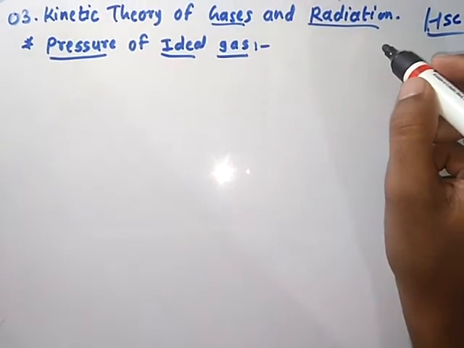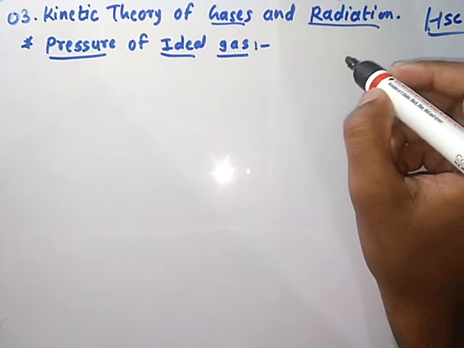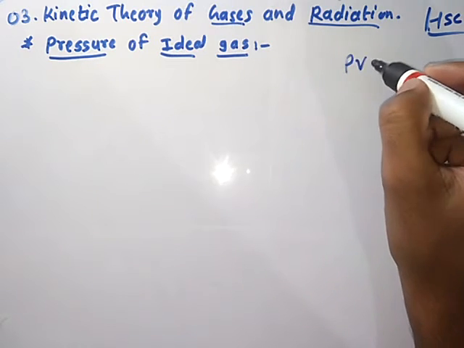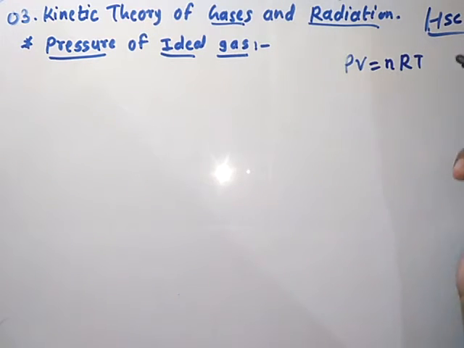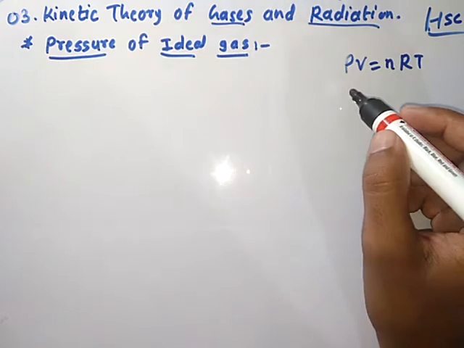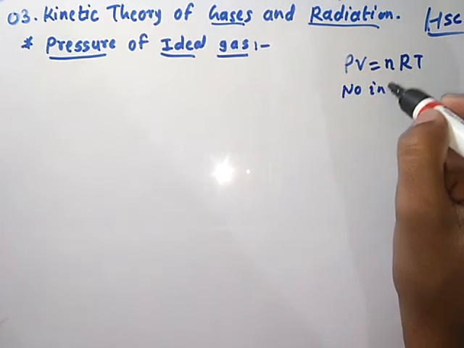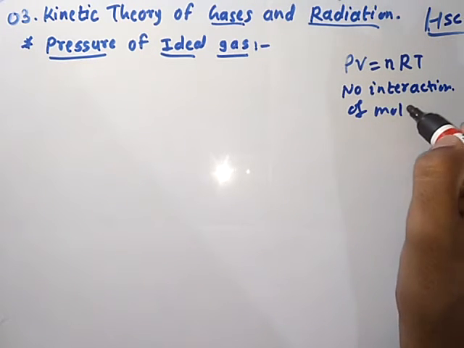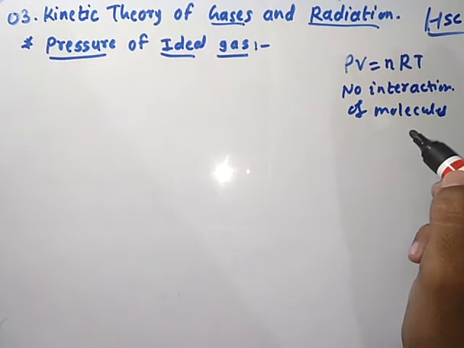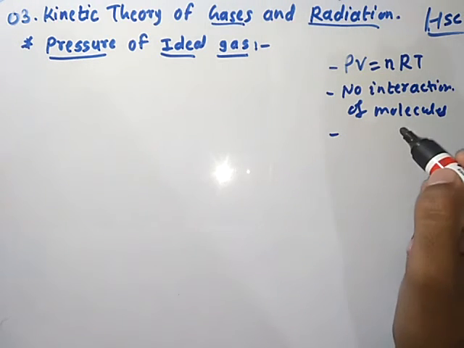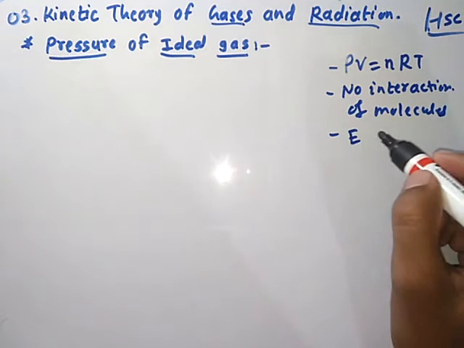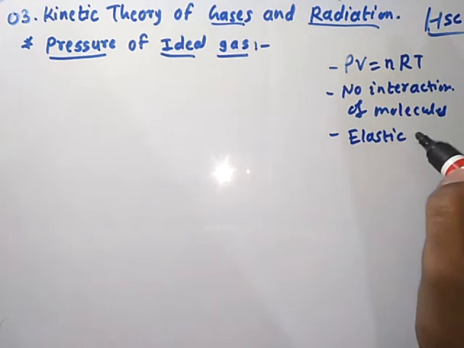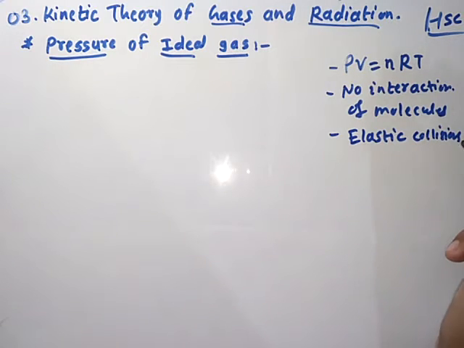An ideal gas is a type of gas which obeys the ideal gas equation PV = nRT, and in which there are no interactions between molecules. They move in random directions, and any collisions are elastic collisions in which momentum and energy are conserved.